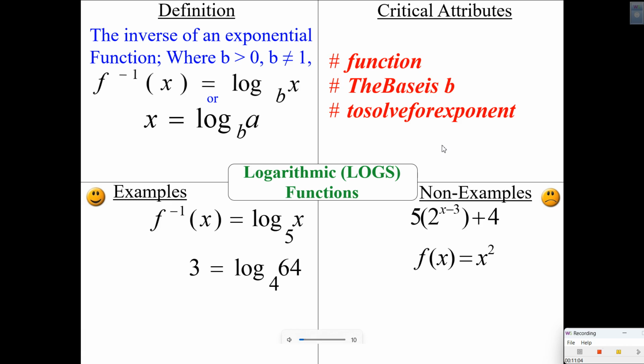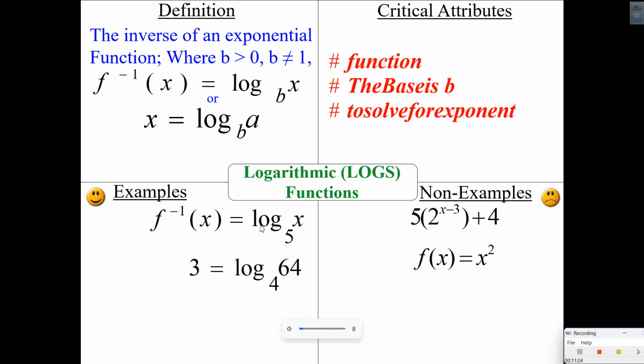So, we know what logarithmic functions look like, what they don't. Now, what is so special about logarithmic functions? Well, according to the definition, they are the inverse of exponential functions. So why do we use this particular?